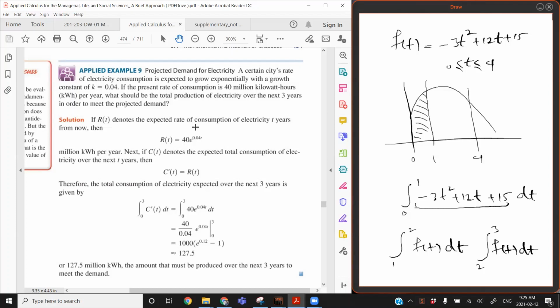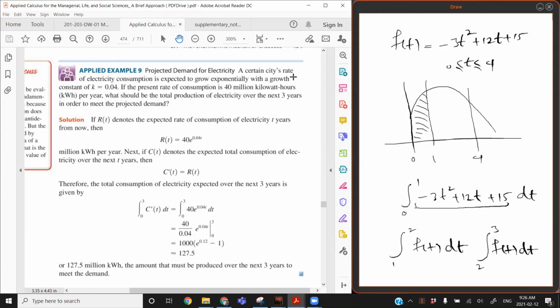Okay, so there are some keywords here that you need to understand. First of all, the rate. The function is going to be the rate of electricity consumption. It's not the total amount of electricity consumed. It's the rate of change of electricity consumed.